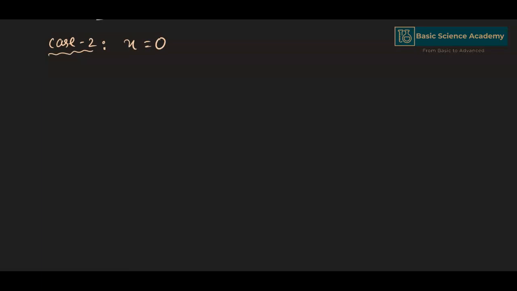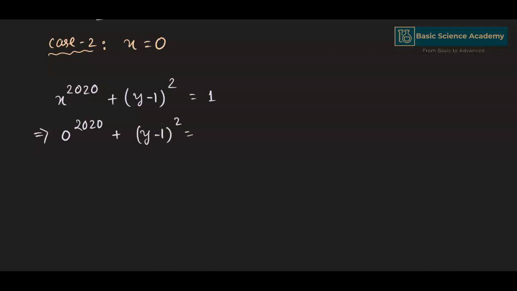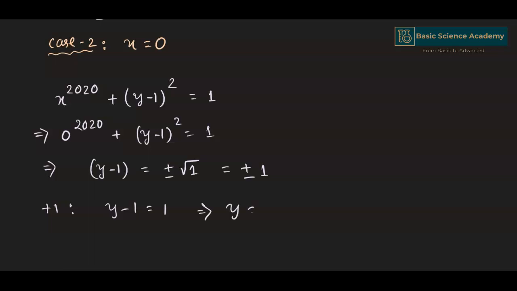Now, let's move to the second case where we consider x equals 0. For x equals 0, we have 0 to the power of 2020 plus (y minus 1) whole squared equals 1. This gives y minus 1 equals plus or minus square root of 1, which is plus or minus 1. So for plus 1, we have y minus 1 equals 1, which gives y equals 2.